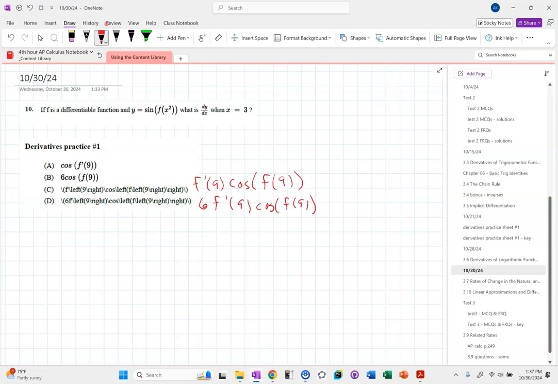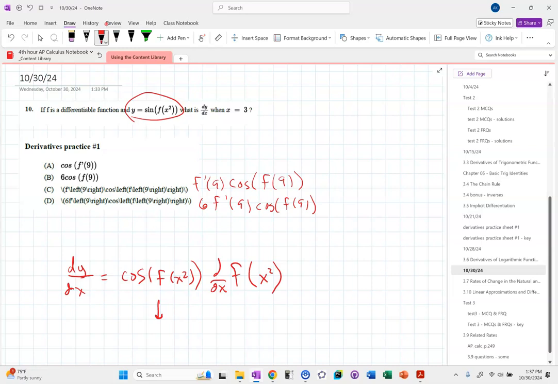So if I start with my original and I do the derivative, I recognize that that's going to be 2 chain rules there, right? The outermost function is sine. So the derivative of sine is cosine. The insides stay the same. And then I have times the derivative of the insides, right?